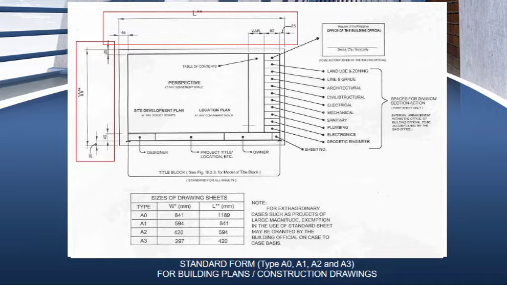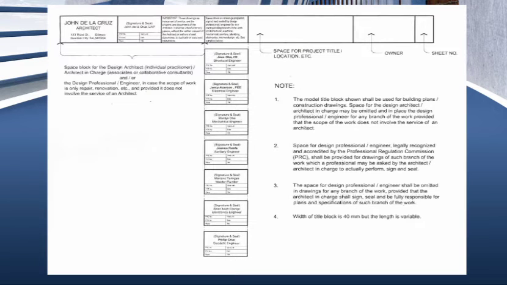officials. And in this picture, it shows the model title block for building plans and construction drawings. Kung mapapansin po natin, ito po yung nasa bottom part ng paper, where there is the space for the professionals, the architects, and the different types of engineers.